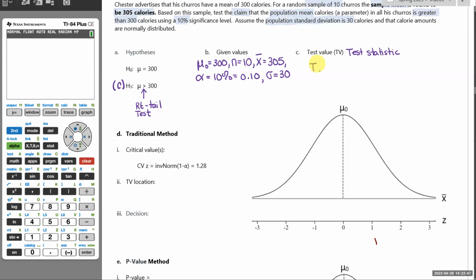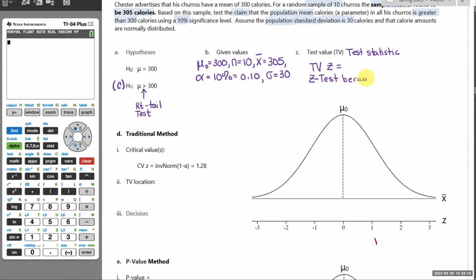So I'm going to do test value for our abbreviation, and then that z-score is the one that corresponds to our sample mean. So I gave you the formula for it, but we can just run the z-test and have the calculator help us out.